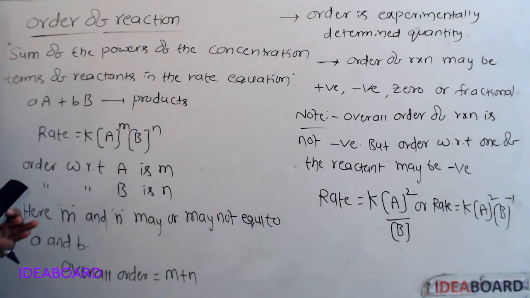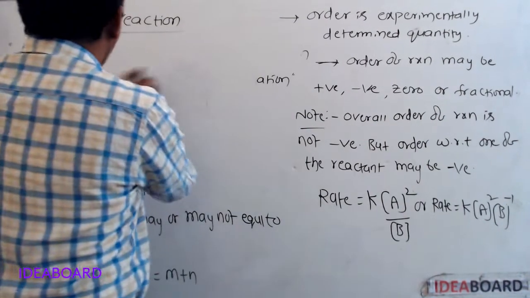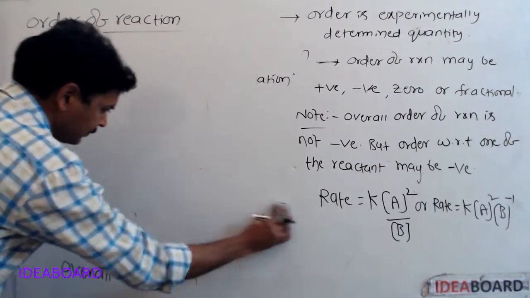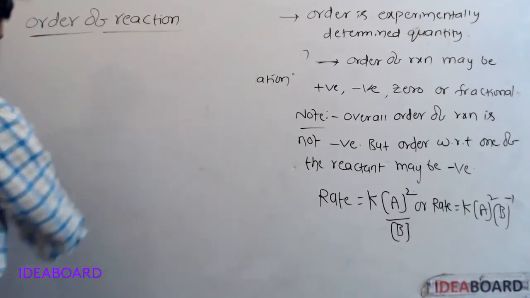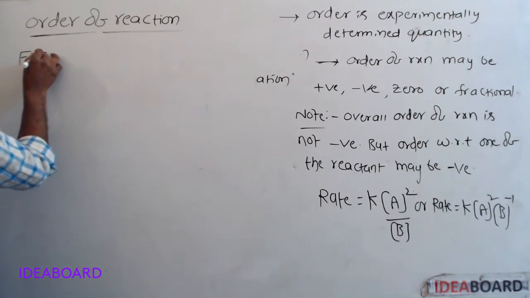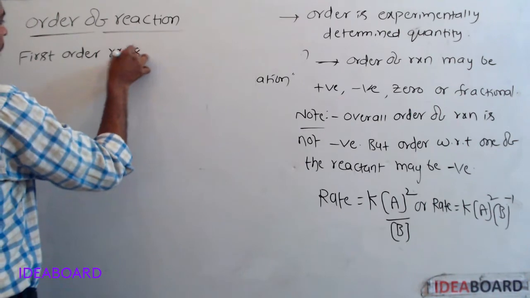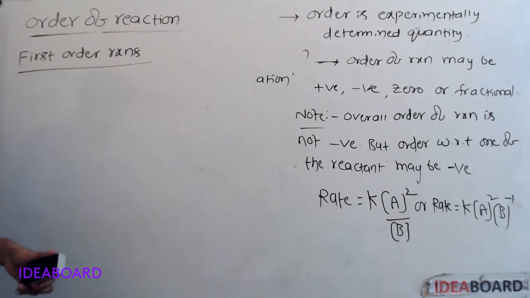Next, I'll give examples for different order of reactions. First order reactions: we have so many examples.